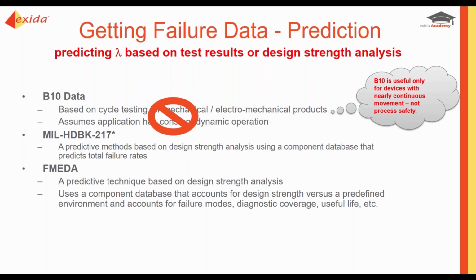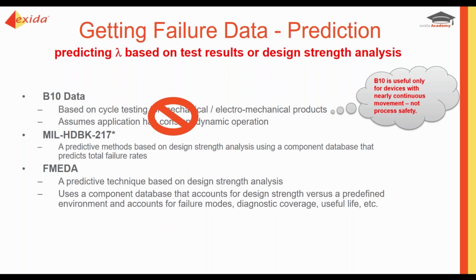Then we have the FMEDA, or Failure Mode Effect and Diagnostic Analysis. An FMEDA is, once again, instead of test results, a predictive technique based on the design stress strength analysis, kind of like the one we just talked about.